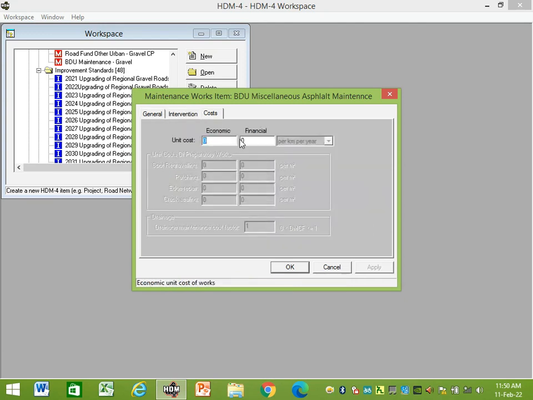Intervention every year. Cost, let's say 200,000. It could be more. 200,000 multiplied by 0.83, how much will it be? 160,000, right? 160,000.